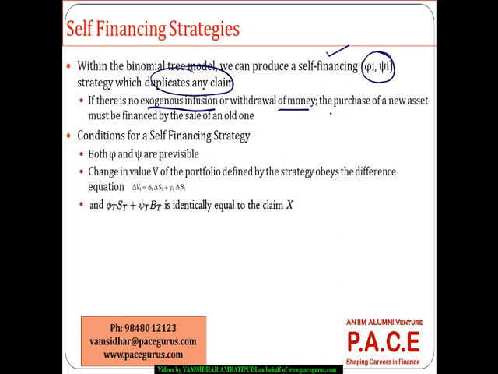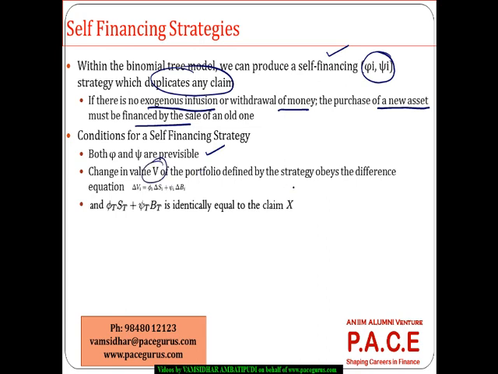Whatever comes from a short position is sufficient to go for a long position, and vice versa. The purchase of a new asset must be financed by the sale of an old one itself. Here we are able to create a kind of a self-financing strategy. First of all, I know phi and psi, how many stocks have to be bought, how many units of bond need to be invested in, so they are previsible.